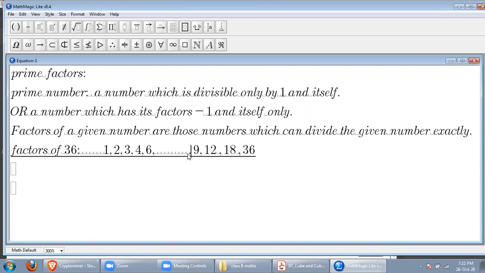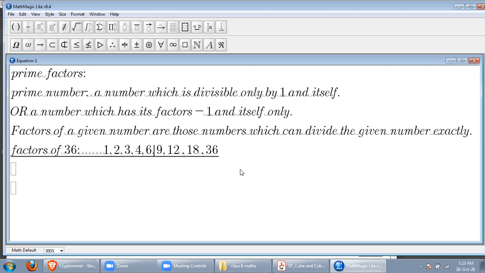When I say 6, it is 6 and 6. So I'm not writing the 6 again. These numbers 1, 2, 3, 4, 6, 9, 12, 18, and 36 can divide 36 exactly without giving any remainder. So these are the factors of 36.